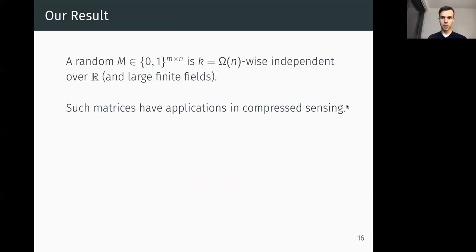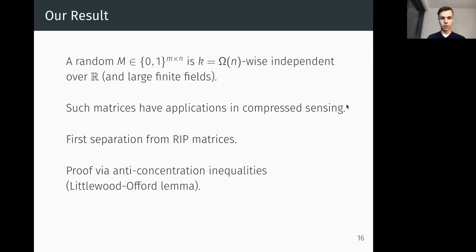It is the first separation of such compressed sensing matrices from matrices known in the compressed sensing literature as RIP matrices. The proof of these results goes through the Littlewood-Offord lemma, just using this basic anti-concentration inequality over the reals and also over finite fields.